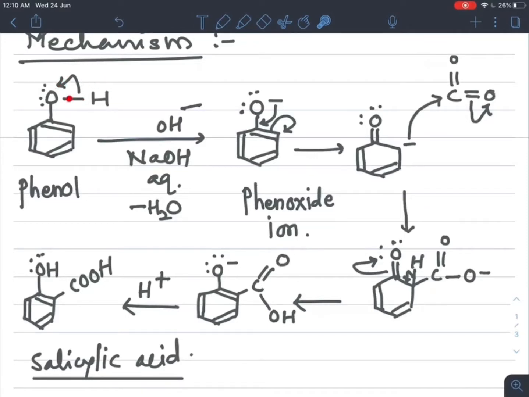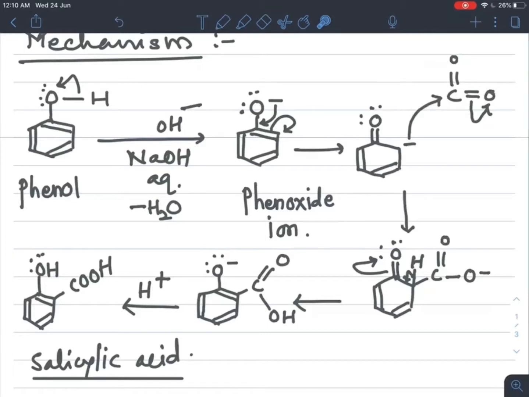The bond breaks from here, and H plus is formed. So H plus combines with OH minus, and H2O is formed as a byproduct, so written on the arrow as minus H2O.